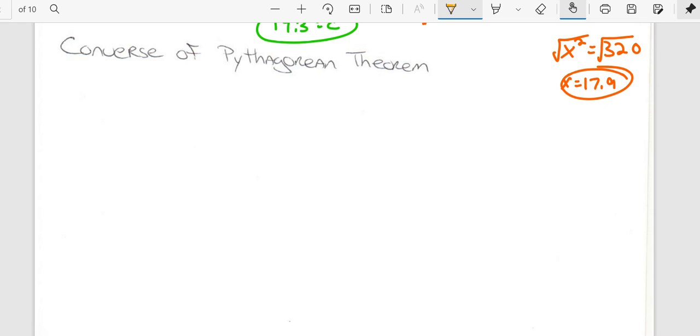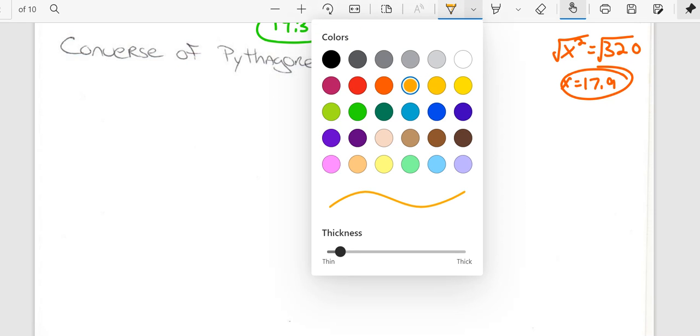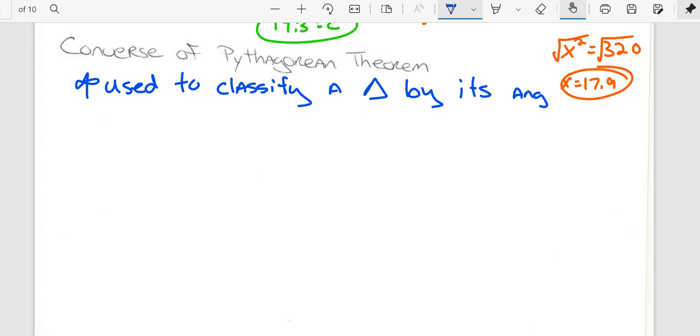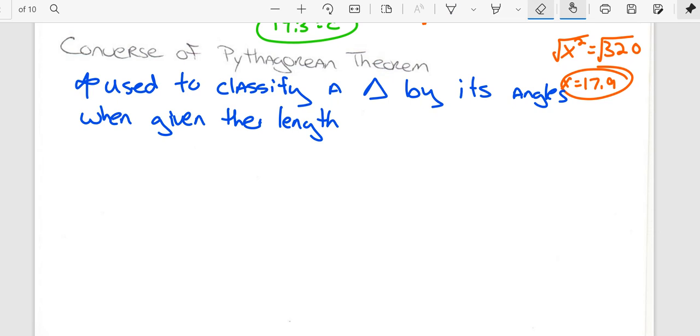What the converse of the Pythagorean theorem is useful for is that we use it to classify a triangle by its angles when given the lengths of all the sides.